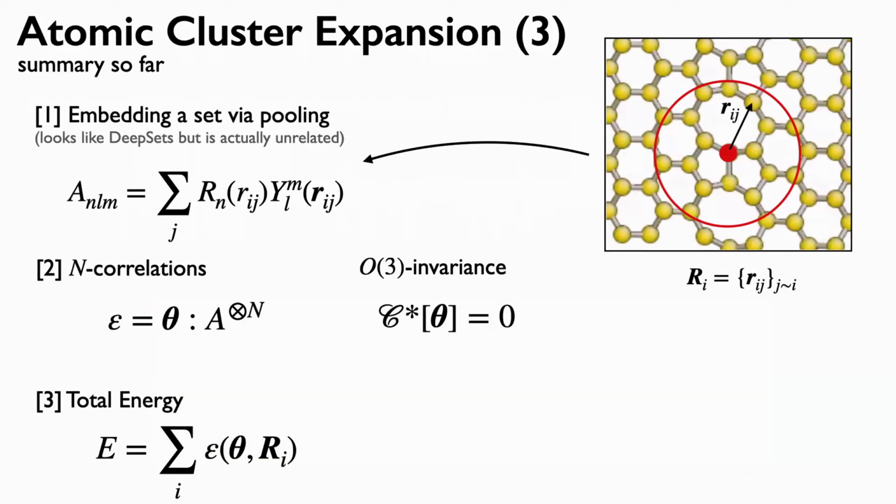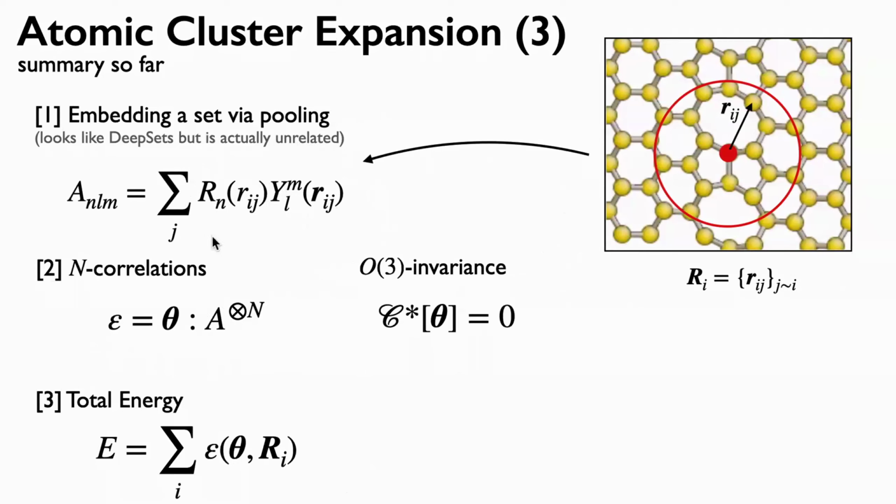Okay, so this is now the summary. This is pretty much what you need to know if you want to implement this. It is, at the end of the day, quite a simple procedure. Again, you need to embed the atomic environment. For that you embed these neighbor distance vectors, the angular component using spherical harmonics, the radial component using whatever radial basis you think is a good one.